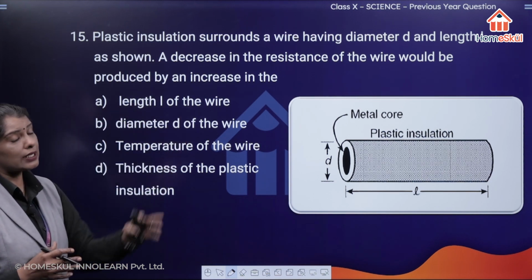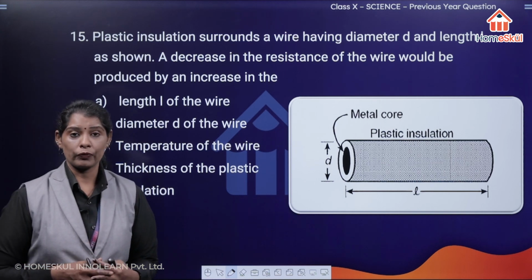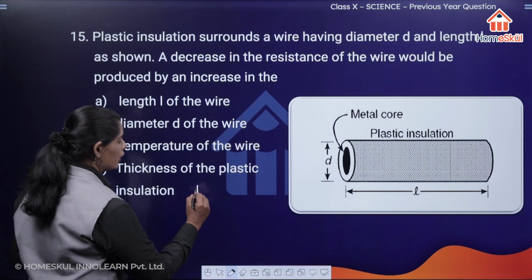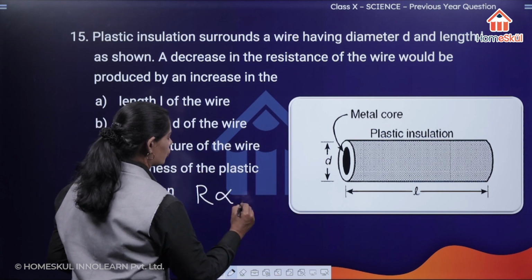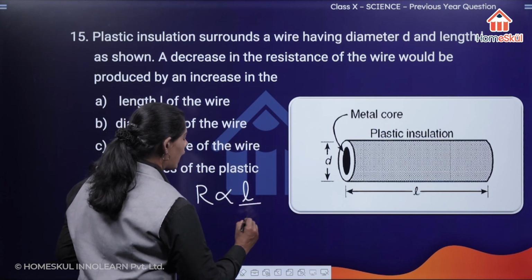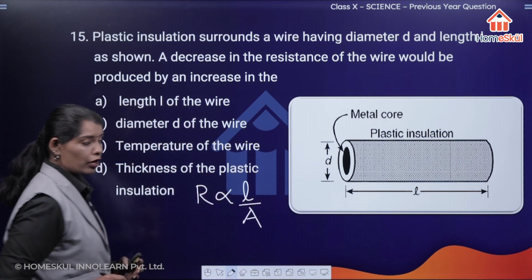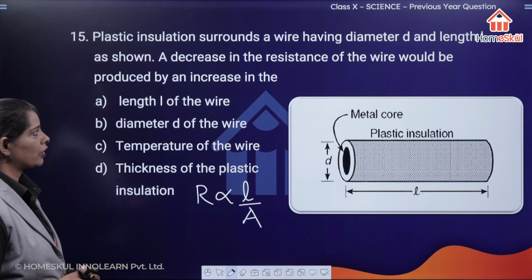A decrease in the resistance of the wire. As we all know, as per the expression, resistance is directly proportional to length and inversely proportional to area of cross section, or we can say the diameter of the wire.